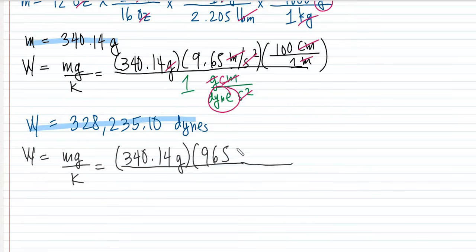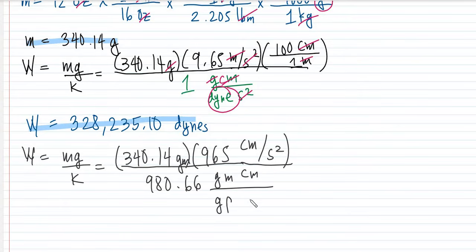That's 965 centimeter per second square. Now here, because we want to solve the weight in gram force, we will use 980.66 gram mass centimeter over gram force second square.